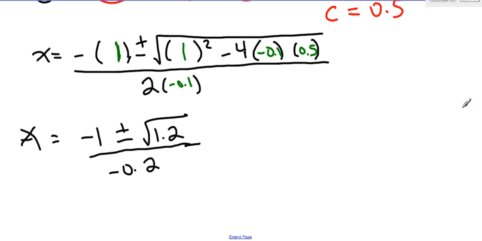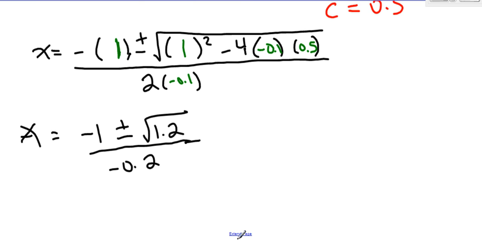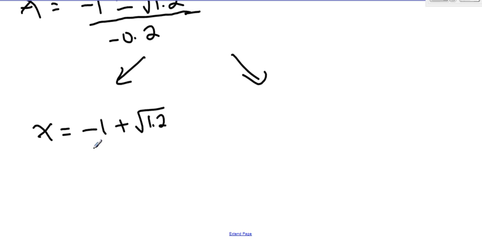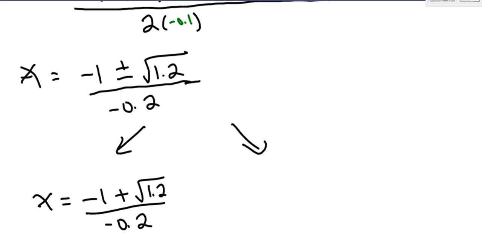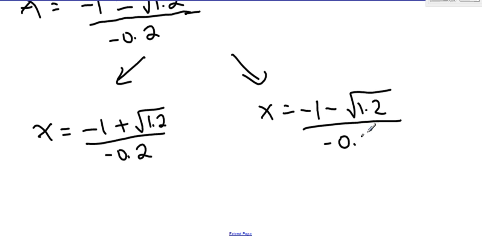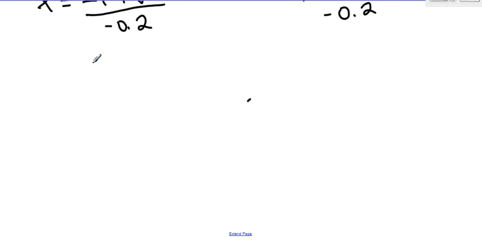So at this point, I'm going to split into two different answers. So one is going to be negative 1 plus root 1.2 divided by negative 0.2. And one is going to be x equals negative 1 minus root 1.2 over negative 0.2. So again, in your calculator, get two different answers. Let's see what we get.